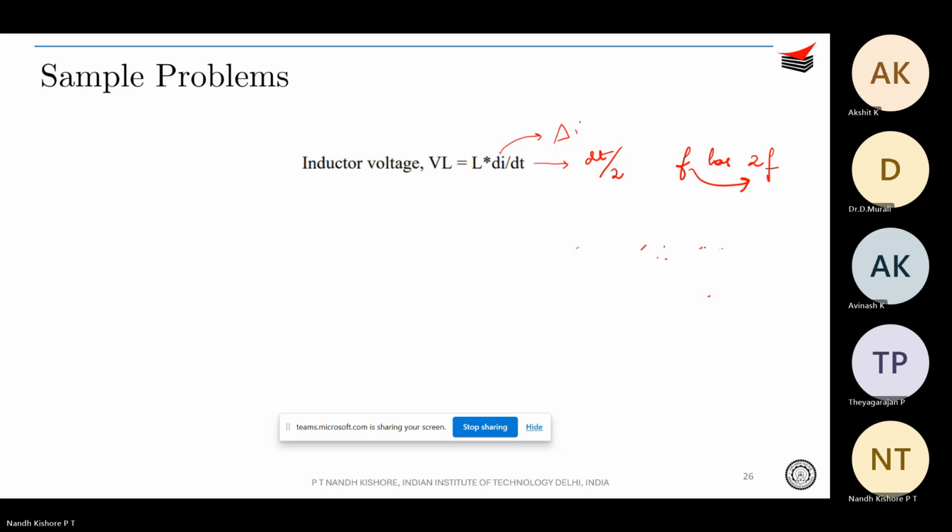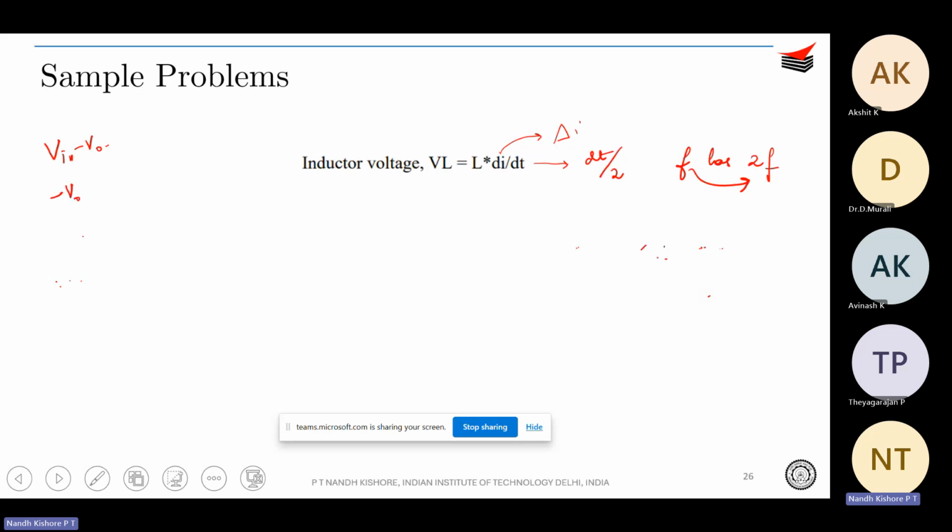And what about your inductor voltage? So obviously you know that in a boost converter or in your buck converter also, the voltage across your inductor is basically going to be V in or V naught, correct? So when the switch is on, V in minus V naught is the voltage that appears. And when the switch is off, the voltage is minus V naught.